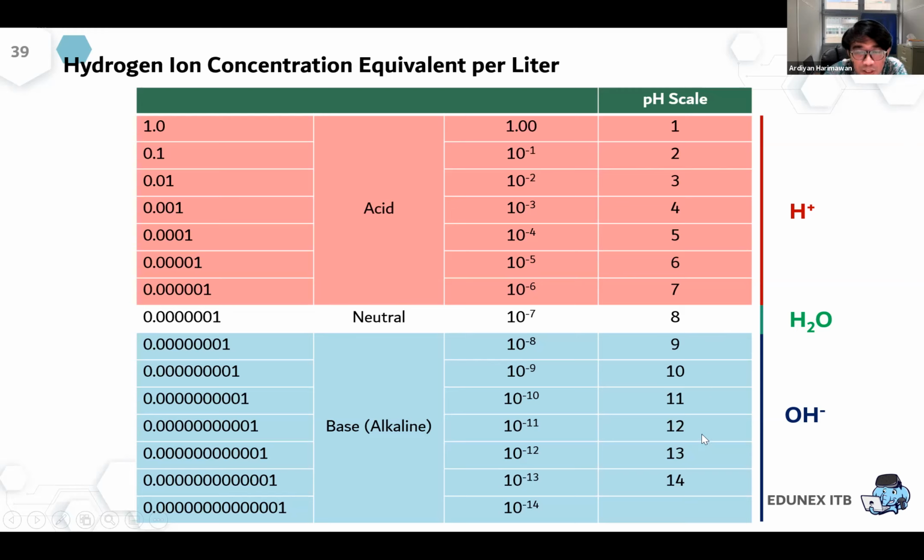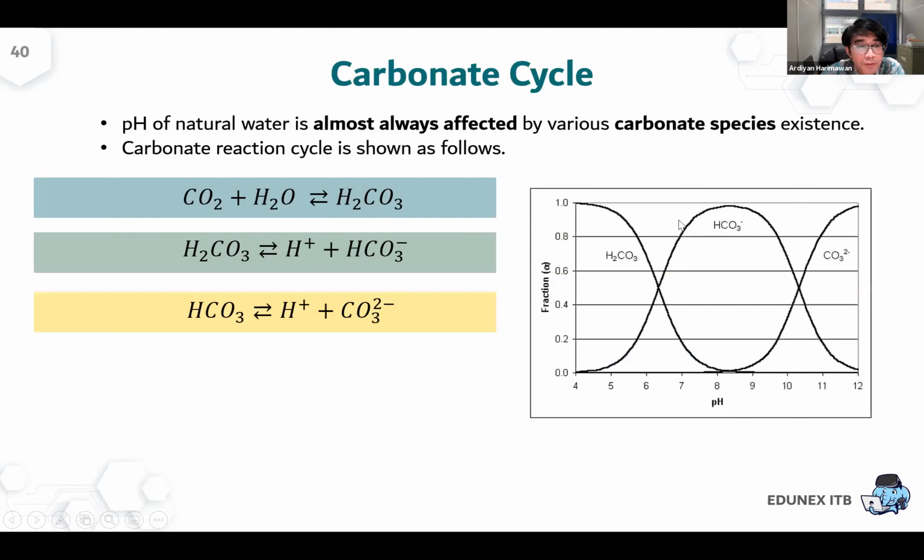So this is the pH, and for process water, boiler water, or cooling tower water, the pH should normally be around neutral or slightly alkaline because of the corrosion potential that we will encounter if you have acidic water. And also the carbonate, previously I mentioned carbonate.